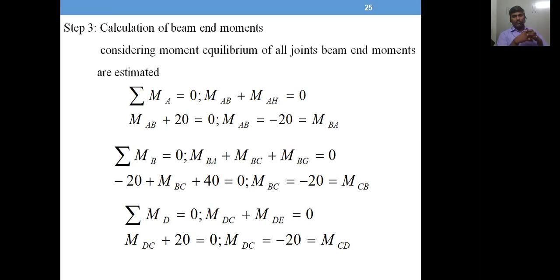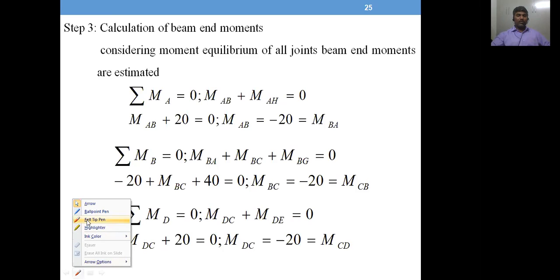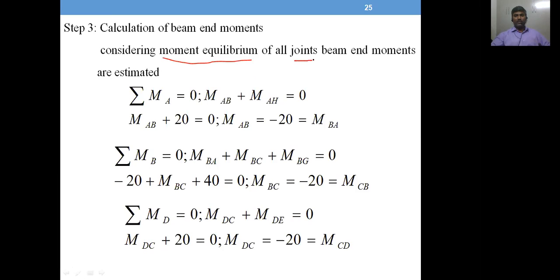So now in this session we will discuss in detail how we calculate the next quantity, after knowing column end moments, so that you are able to calculate beam end moments. What you see here is the joint moment, that is, moment equilibrium of a joint.